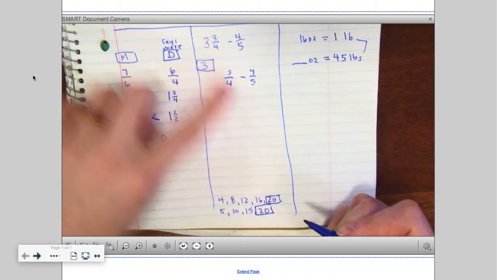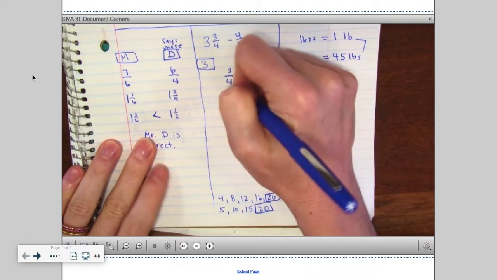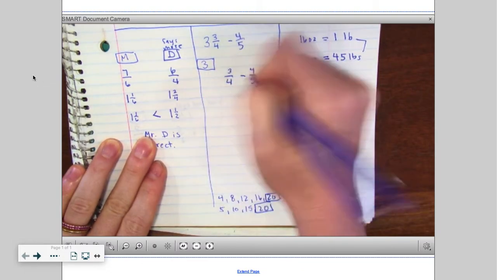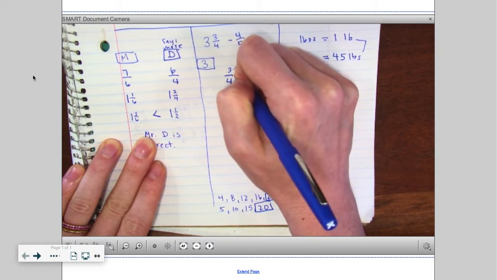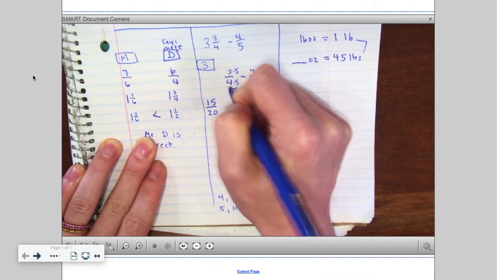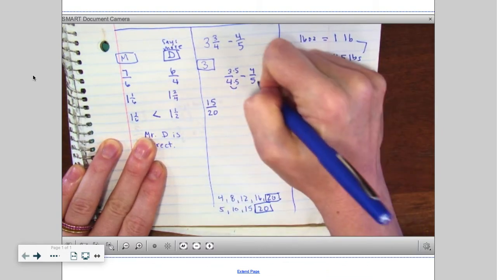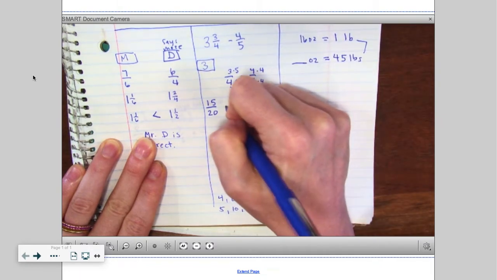Okay, so I need to get these fractions to have a denominator of 20. So that means I would multiply 3/4 by 5, and what I do to the denominator, I have to do to the numerator. So I have 15/20, and 4/5 to get to 20, I have to multiply by 4, numerator and denominator.